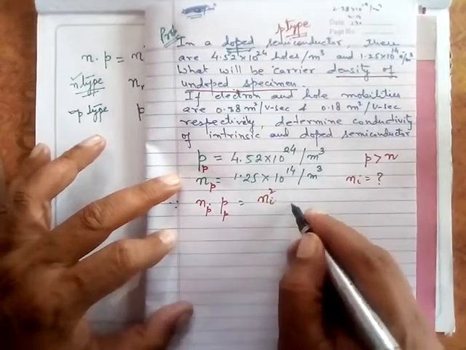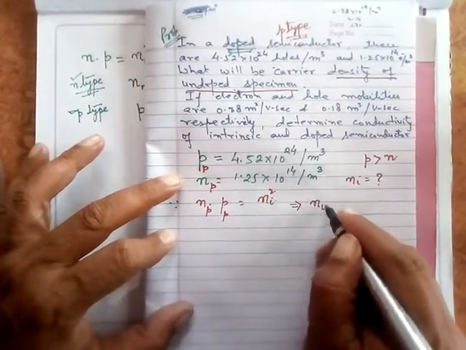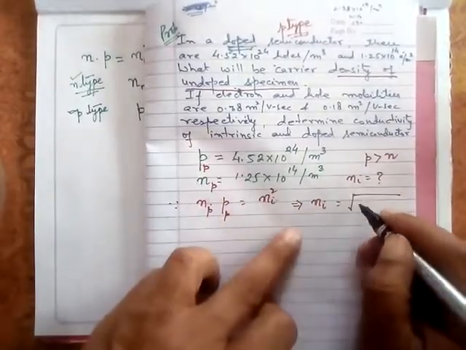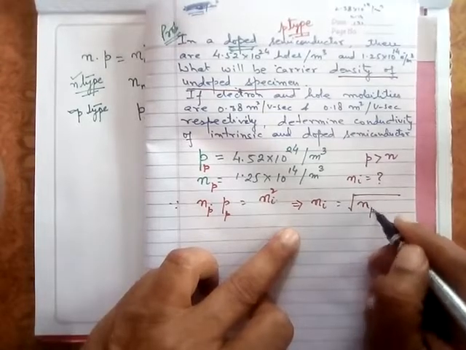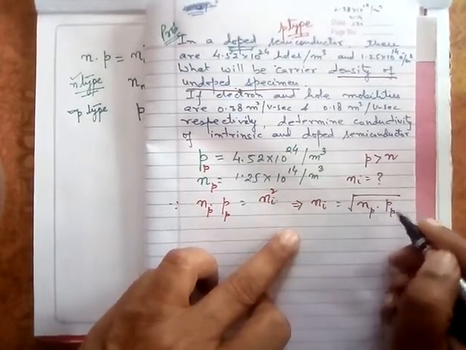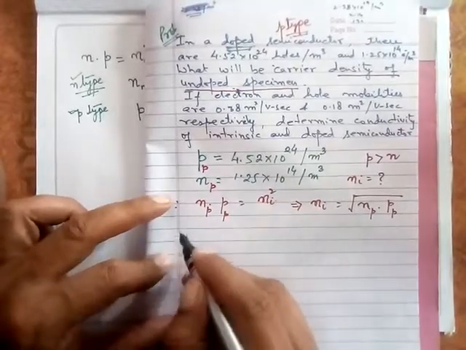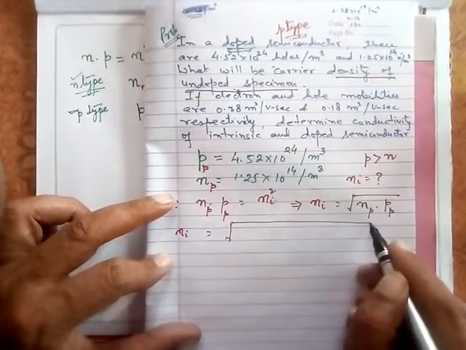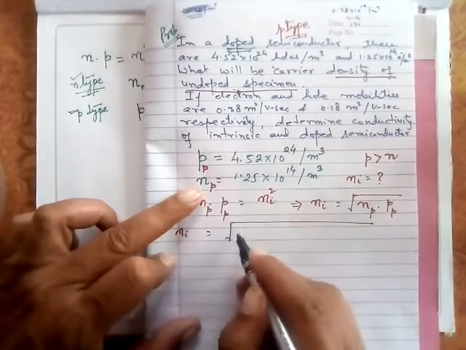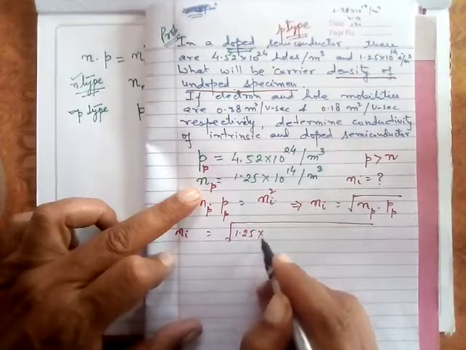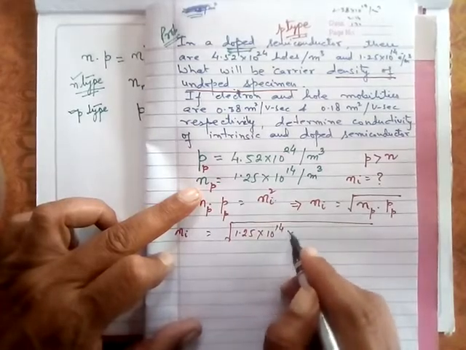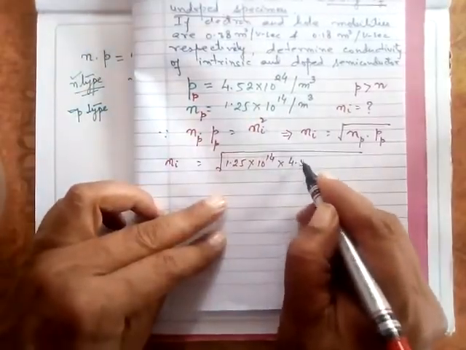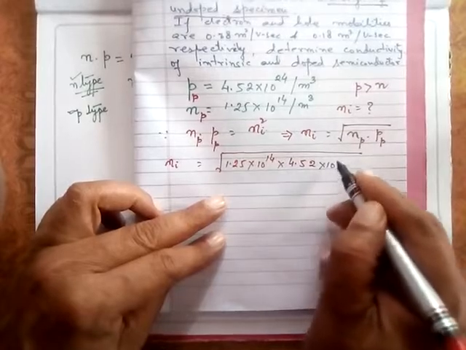From here the value of Ni is equal to the square root of n in p type semiconductor into holes in p type semiconductor, and I simply substitute the values. So Ni is equal to the square root of 1.25 into 10 to the power 14 multiplied by 4.52 into 10 to the power 24.